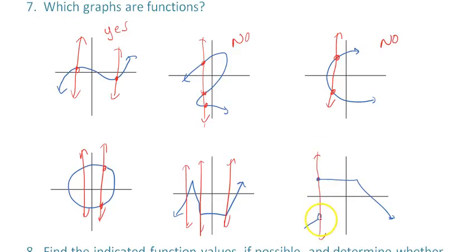You have to remember that if it's an open circle, that point isn't actually there. If it's a closed circle, it is. So technically, this vertical line is only touching this one point when it's passing through here. So, summing up this line, we have not a function, yes, this is a function, and yes, this is a function.